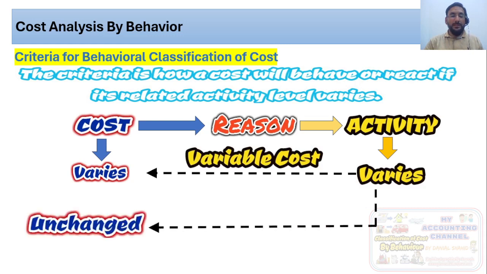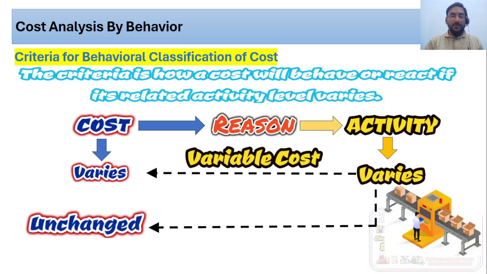On the other hand, there is another cost that remains unchanged if the activity level varies. For example, the production is the activity we considered on the last slide. If the production varies, the rent of the factory is again unchanged.